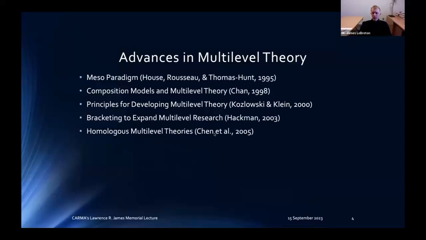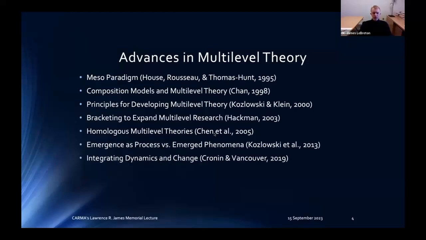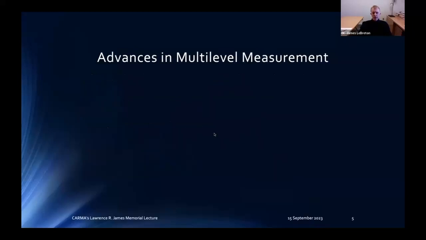There's tons of papers, tons of chapters, tons of books and articles that have been written in this space. And all of these contributions have really changed the way that we've thought about multi-level research.